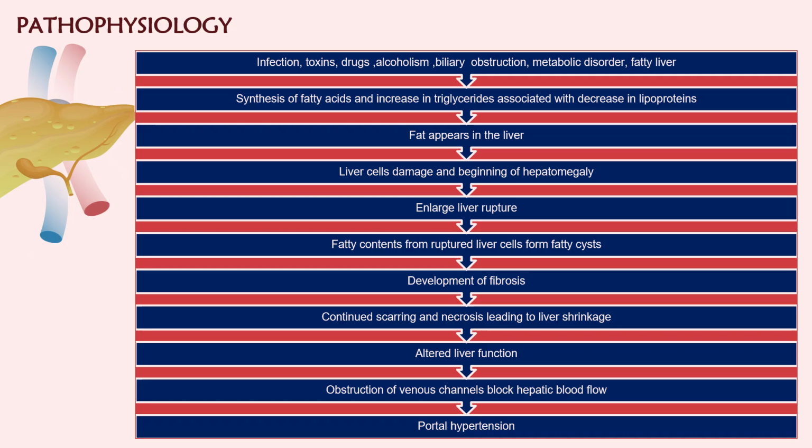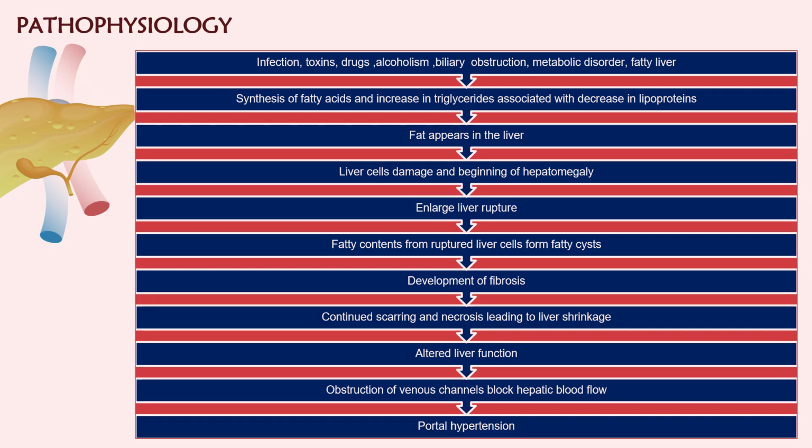So now we come to pathophysiology, which is very important to understand. When we talk about pathophysiology, we come first to the etiology. So the etiology says infections, toxins, drugs, alcoholism, biliary obstruction, metabolic disorder, and fatty liver may lead to synthesis of fatty acids and an increase in triglycerides, which decreases your lipoproteins.